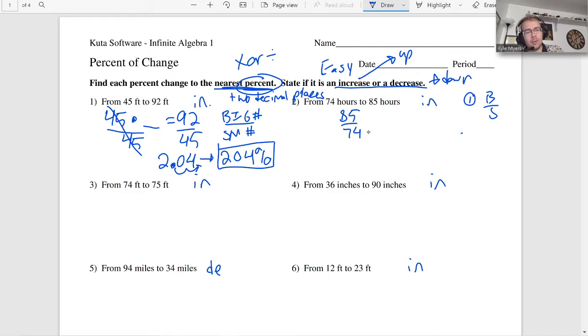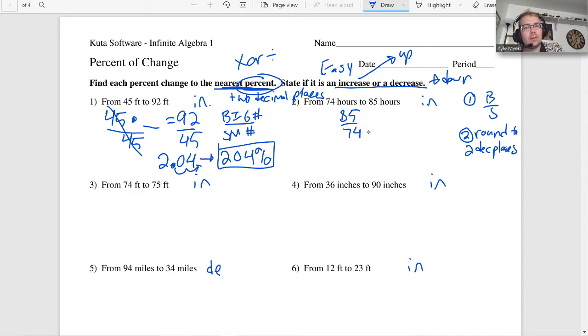I get 1.148648649. So it looks like that also repeats a little bit as well. But it doesn't matter if it repeats or not, because we round to 2 decimal places.